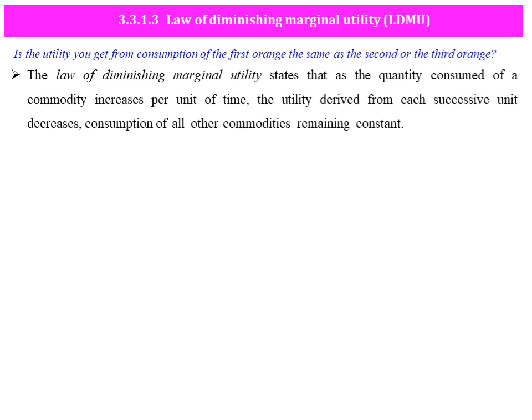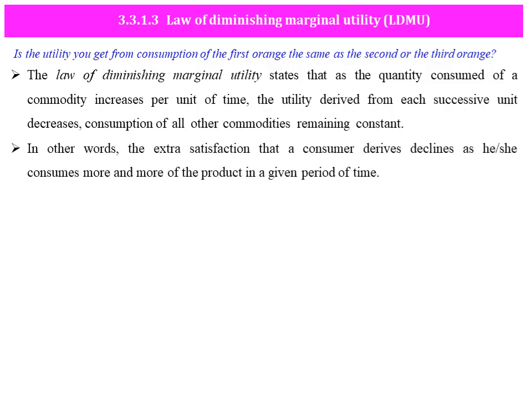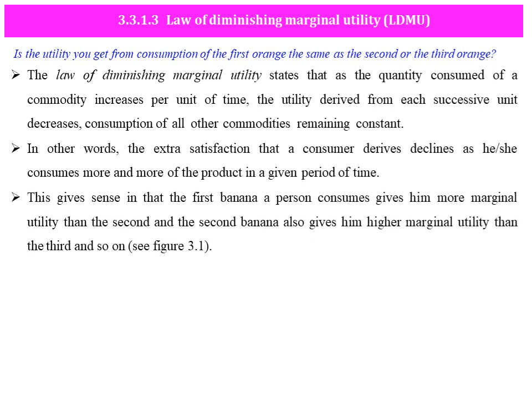The law of diminishing marginal utility states that as the quantity consumed of a commodity increases per unit of time, the utility derived from each successive unit decreases, while consumption of all other commodities remains constant. In other words, the extra satisfaction that a consumer derives, that means marginal utility, declines as he or she consumes more and more of the product in a given period of time.